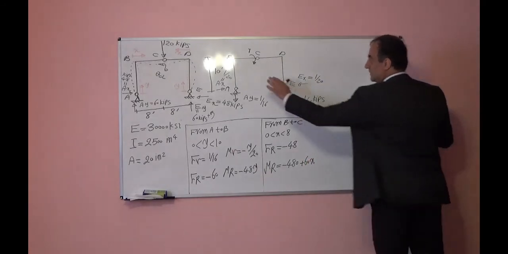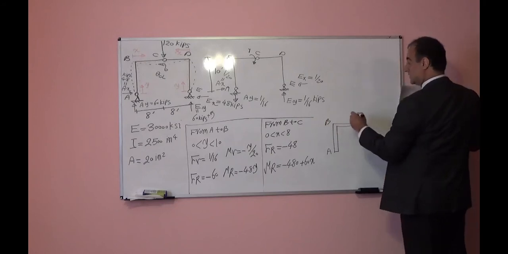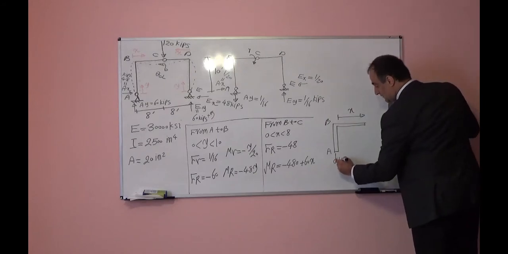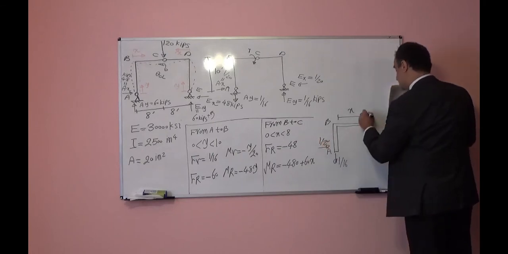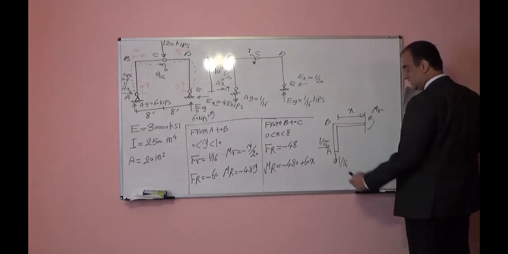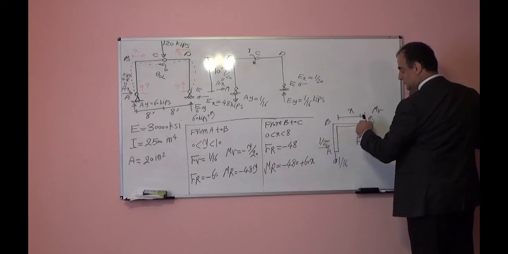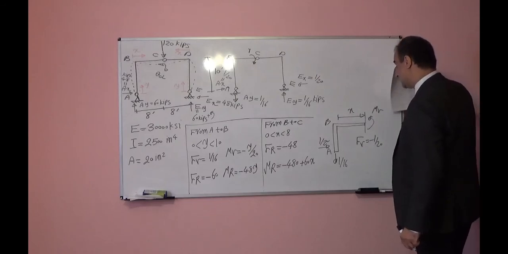Same thing here for the virtual one. For virtual, this is frame A, B, from here to here, for example, X, 1 over 16, 1 over 20. So what is the MV? First, FV will be negative 1 over 20 because this reaction will produce compression axial force in this part. So it is negative 1 over 20.